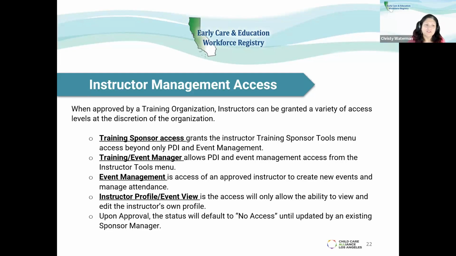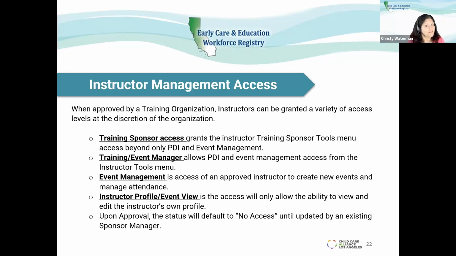Now we've added the training and event management manager access. So now that would allow trainers, if you grant it to them, the access to your PDI so that they can enter the information. And then they would also then be able to access event management. And then you can also grant them training sponsor access, which is the highest level of access that a training organization could have, so that you would have access to training sponsor tools such as reports, and then obviously PDI and event management.